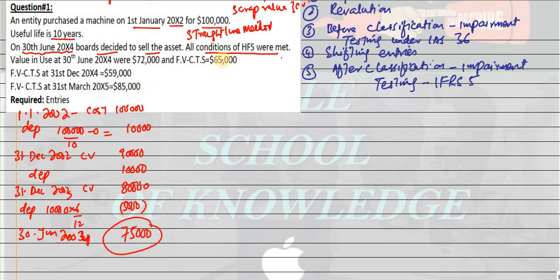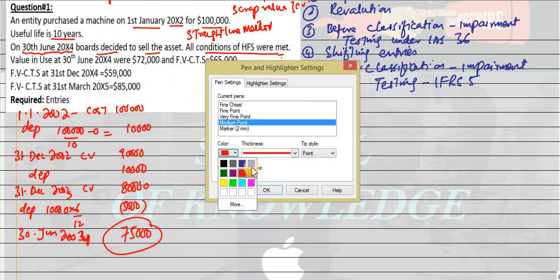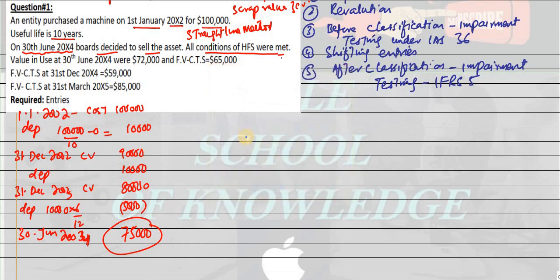Clear? Now on this date, the board decided to sell the asset and all held for sale conditions were met. So we have done depreciation. Now after depreciation, we will do before classification impairment testing, and that will be under IAS 36.